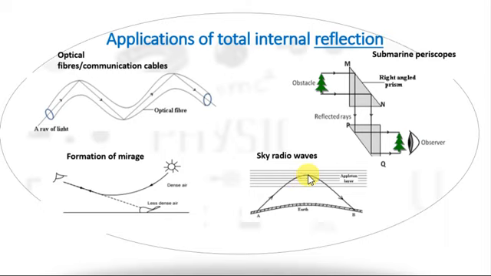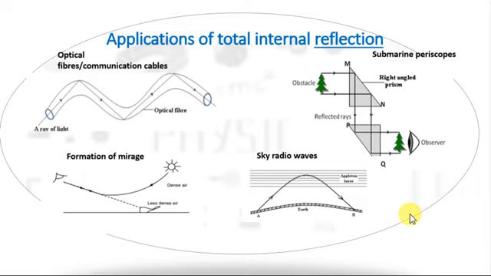Instead of coming back to where it was sent, it goes to another area, where a person with a radio receives the signal using the antenna and is able to receive the news or whatever he wants to listen to. Those are some of the applications of total internal reflection.